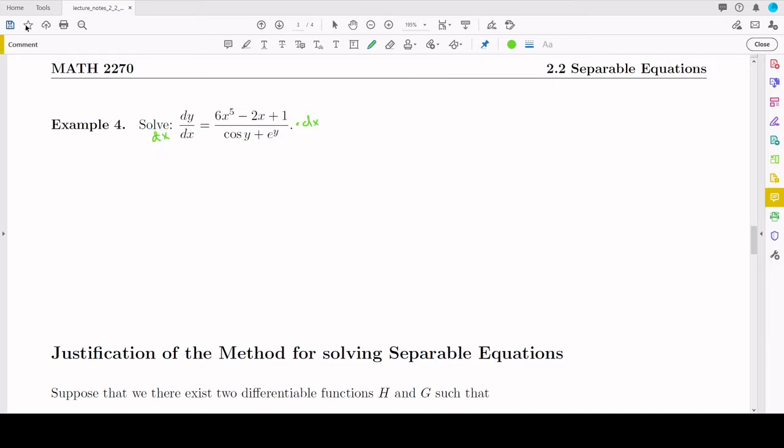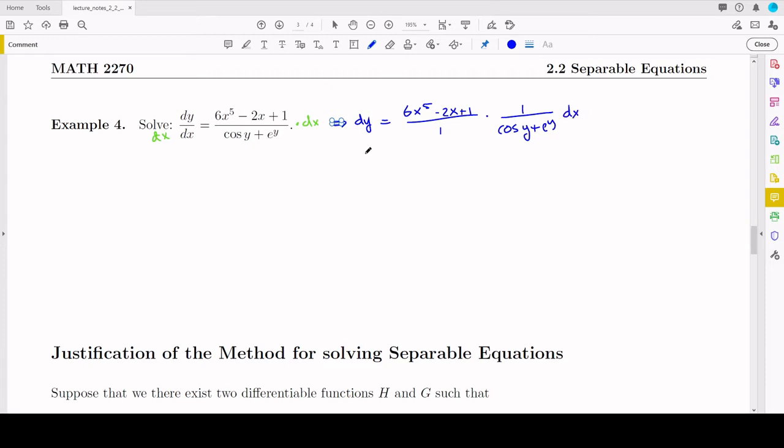The dx's cancel out on the right hand side, and we get dy equals, and I'm going to split this up as (6x^5 minus 2x plus 1) over 1, and then multiply that by 1 over (cosine y plus e to the power y) dx.